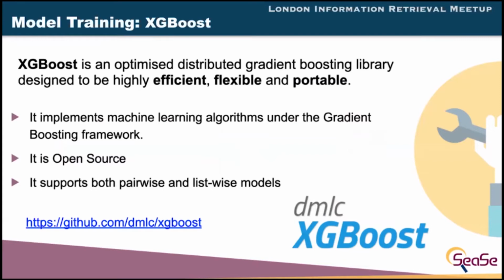It is open source, and it supports both pairwise and listwise models. Both building and evaluating models can be computationally expensive because, as explained above, we need to provide the proper data set where each feature is a numerical aspect.